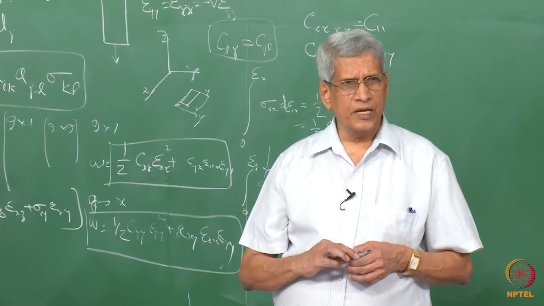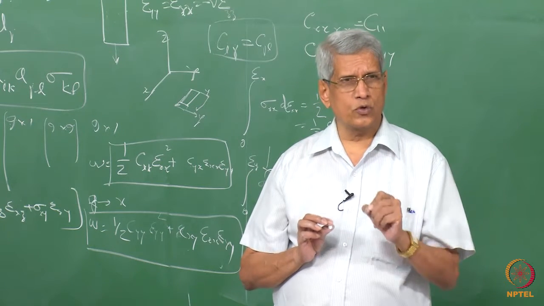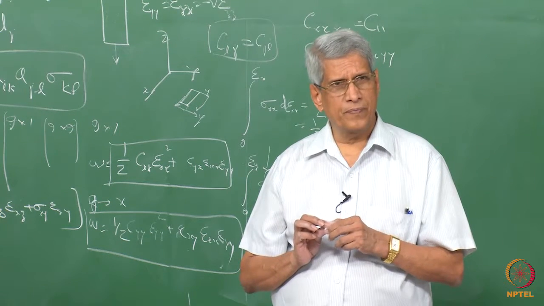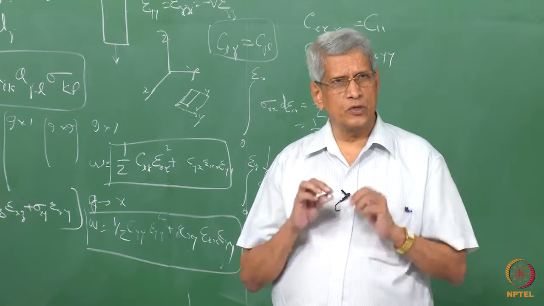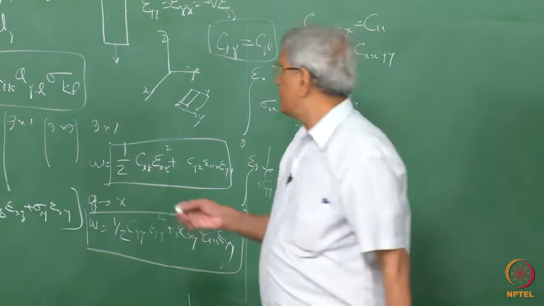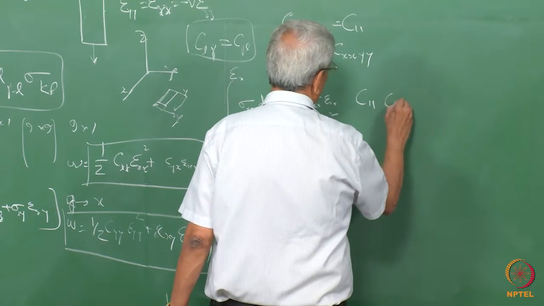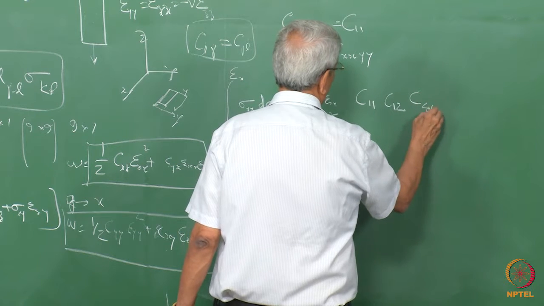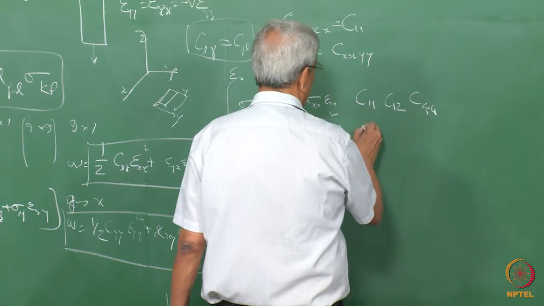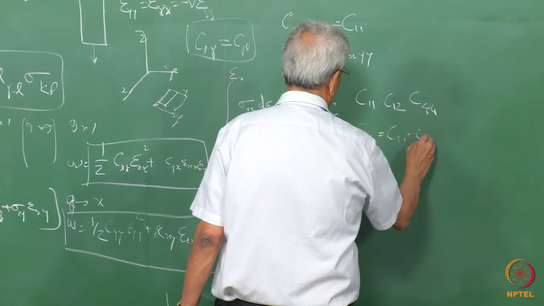So for a cubic, 3 components are going to be there. If the crystal exhibits isotropic properties, then the number of components reduces to only 2. Essentially it will be C11, C12, C44. And in an isotropic case, C44 becomes (C11 minus C12) by 2.